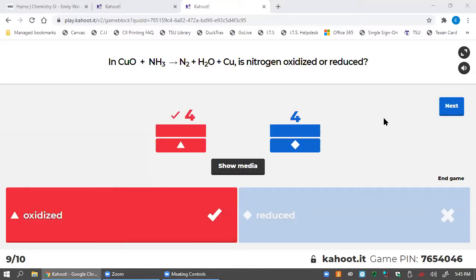So rewind to a minute ago. What did I say that the oxidation number for an element in its elemental form is? 0. It's neutral. So that means this N2 here is neutral.